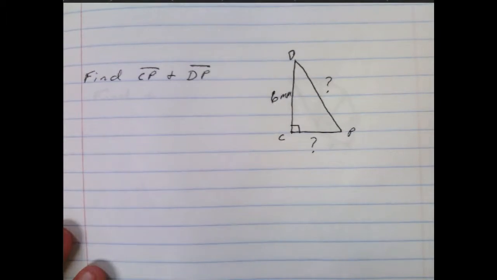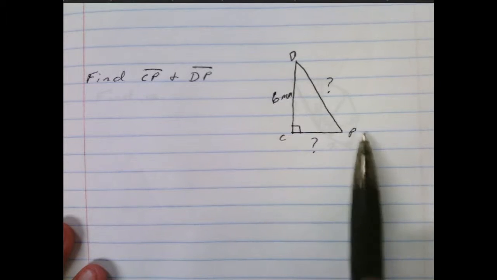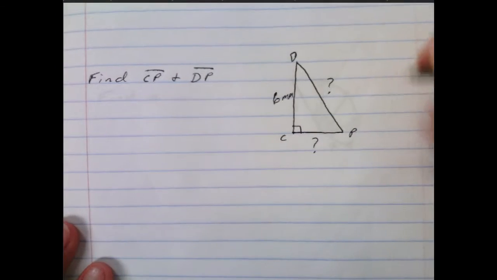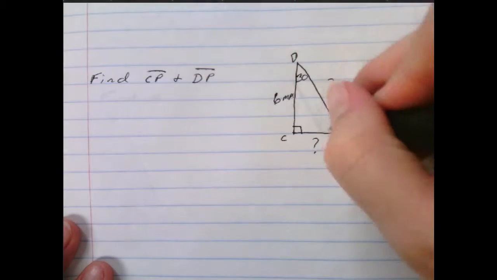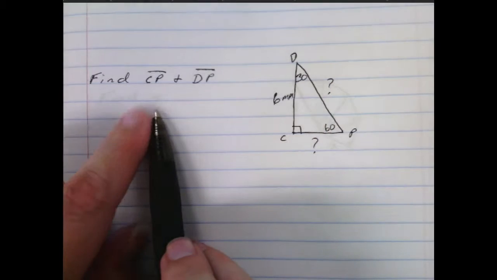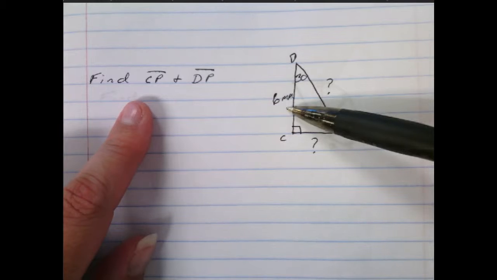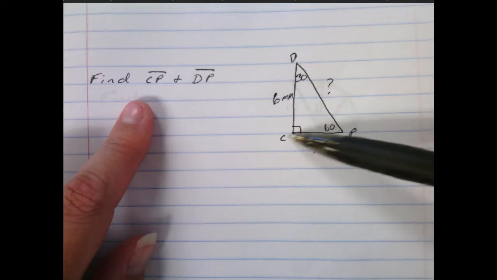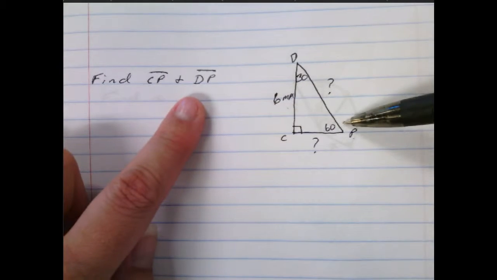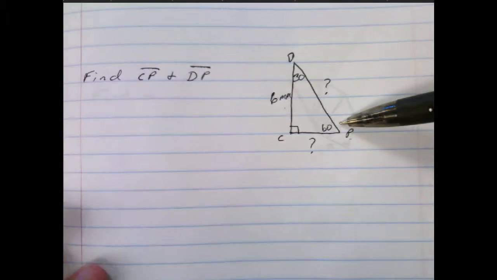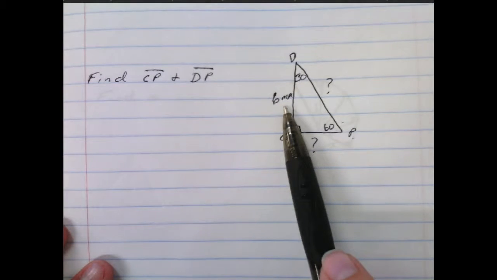Let's do another example here. For this one, we have a triangle over here. This is a 30, 60, 90. And we know that CD is 6 millimeters. So we're going to be finding CP and DP. Okay? So we have the longer leg.